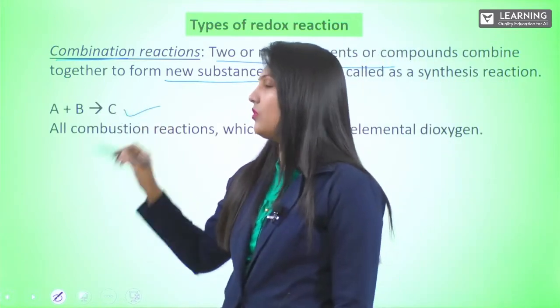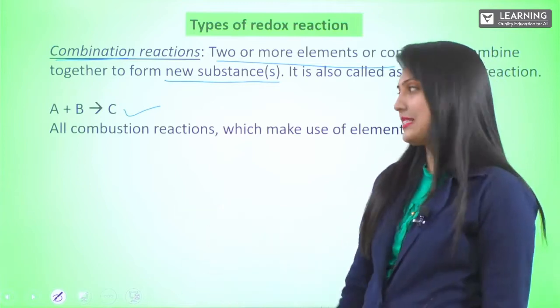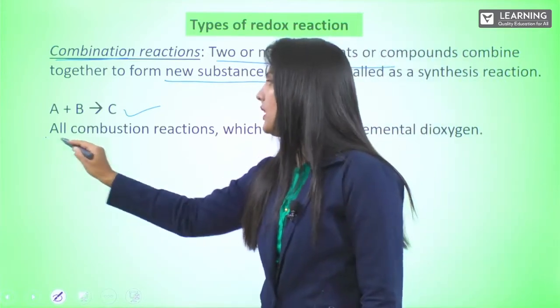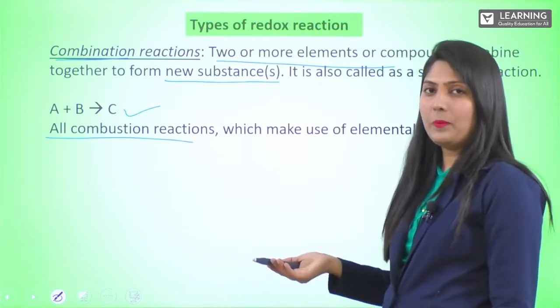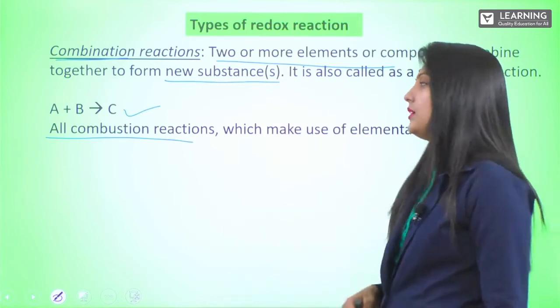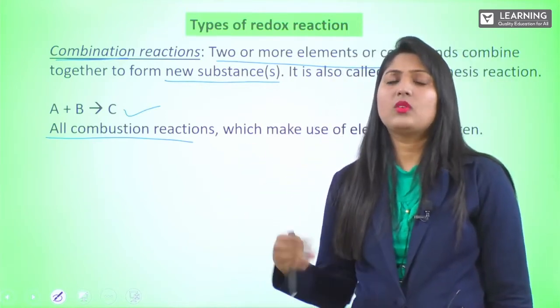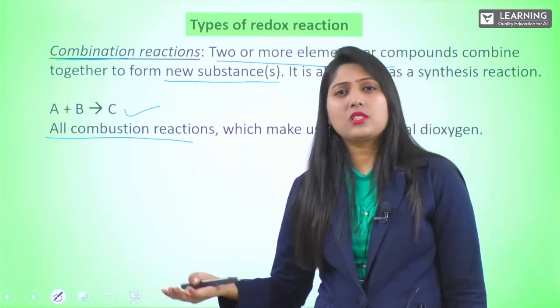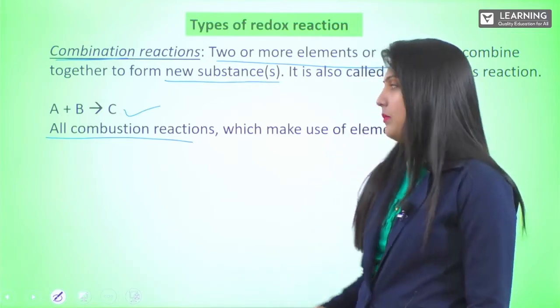Generally, the equation will be A plus B, which gives rise to a new substance C. So almost all the combustion reactions can be called combination reactions, because they combine together to give another new compound. For example, if you take the fuel which is burning, that reacts with oxygen to form the oxide. Carbon reacts with oxygen to form carbon dioxide.